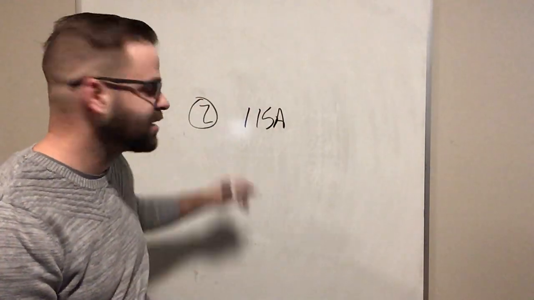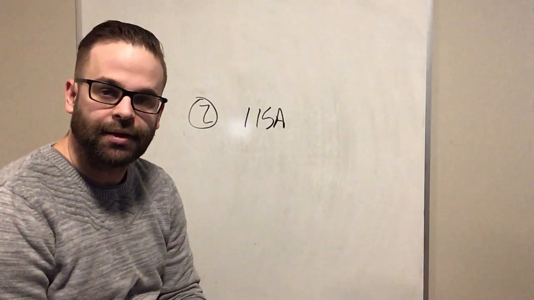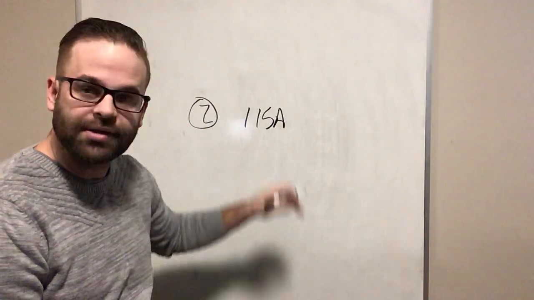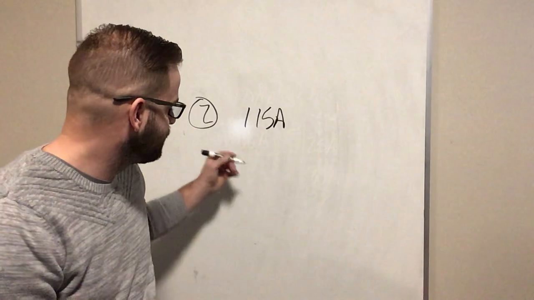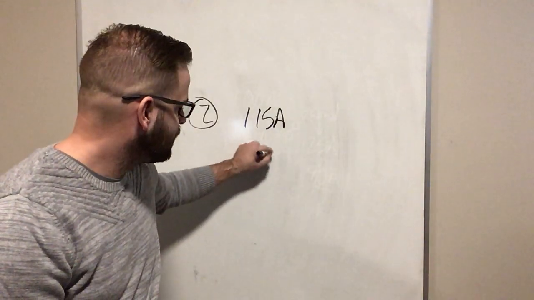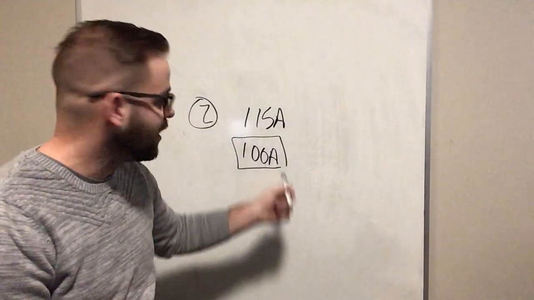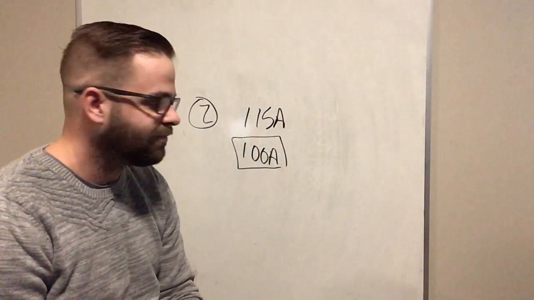All this is saying is that my calculated load is 115 amps, so I can't then put a 100 amp breaker in. I can't put a smaller breaker in to supply the load of 115 amps.